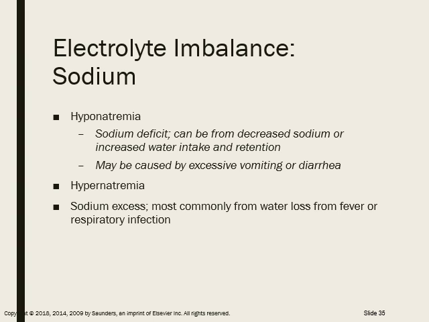Hypernatremia, on the other hand, refers to sodium excess. That is a sodium level greater than 145 milliequivalents per liter. Most commonly found from individuals from water loss from fevers or respiratory infection.